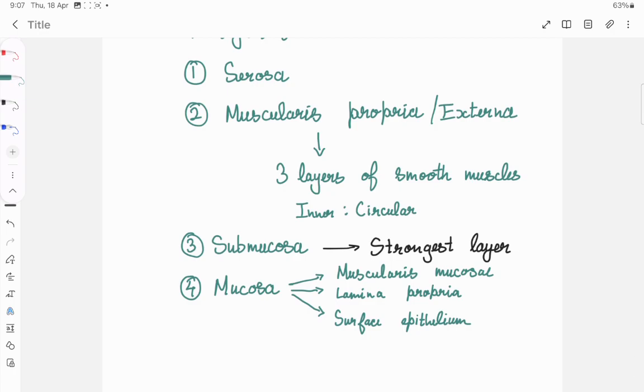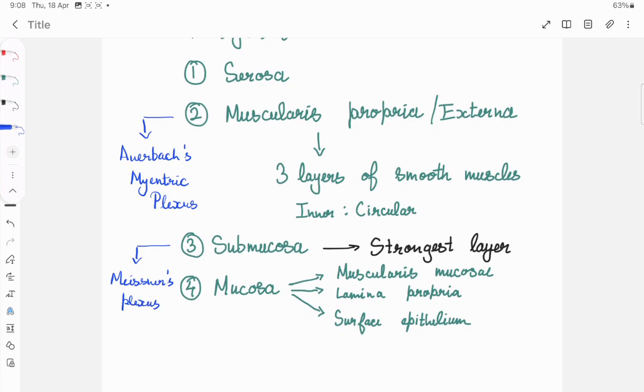And within these layers we have 2 plexuses of nerves. In the muscularis propria we have Auerbach's myenteric plexus. Myenteric is muscular. And Meissner's plexus is in the submucosa, which is the strongest layer.